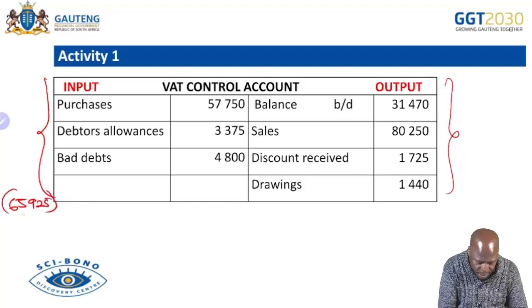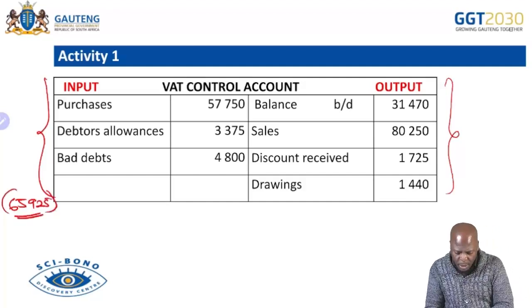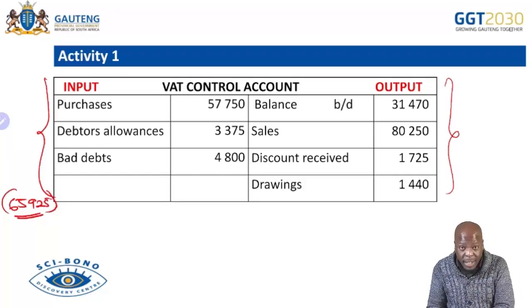And then on the output side, how much are you getting? You're adding 31,470, 8,250, 1,725, and 1,440. When you add that, how much do you get? Thank you. Someone is telling me they're getting 114,885. Thank you so much.